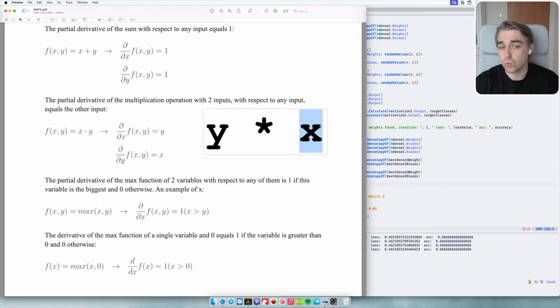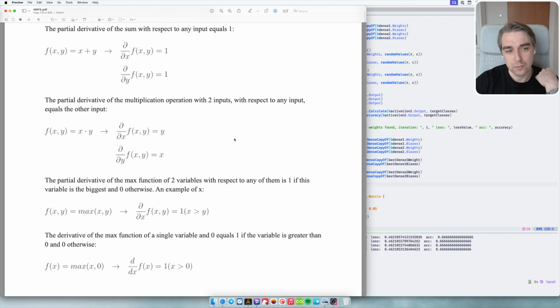That gives us 1 because the derivative of the x value is 1. So then it would be like this, and this is why it gives the other input.